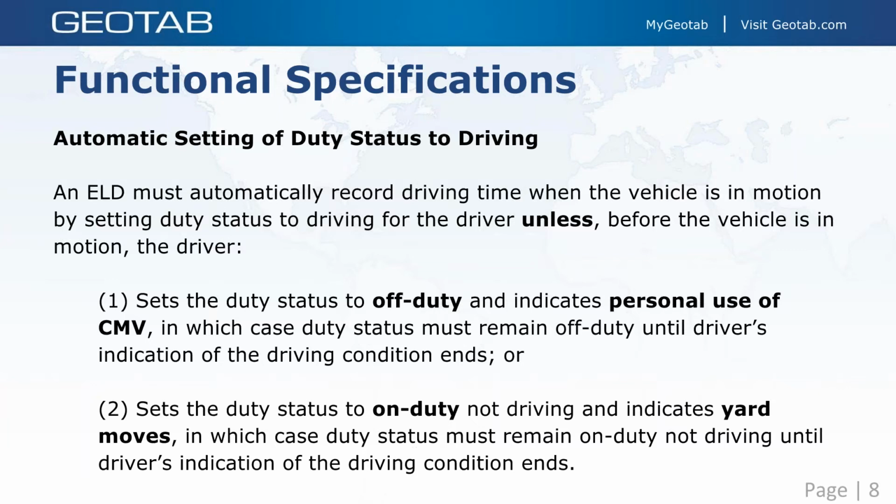In this case, the duty status will remain on duty, not driving, until the driver indicates that the driving condition has ended. Both of these special categories do not count towards the driver's total hours, meaning this won't give them less drive time, and this won't take away from the amount of work that they're allowed to do by law.